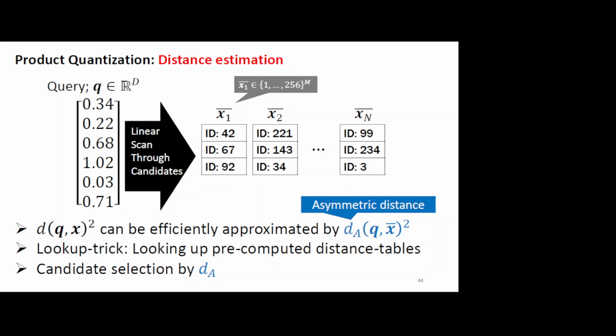The idea is like this. Because here, each data is represented by its centroid ID, right? But you can look up the table, look up the codebook. Your codebook keeps the original vector, the centroid of this code, right? So you can reconstruct it by checking your codebook to recover it into a two-dimension vector.